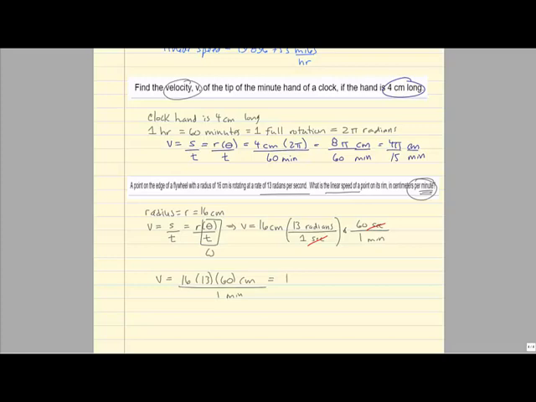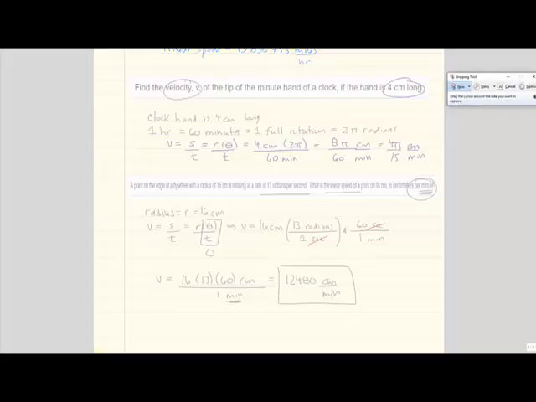So I have 12,480 centimeters per second. Or wait, per minute. Remember, we converted, so I have to keep that in mind. So 12,480 centimeters per minute. So again, these problems are a little bit long, but they're very doable if you break them down and apply the formulas correctly. Let's go ahead and look at another one where we're looking at an orbiting planet.